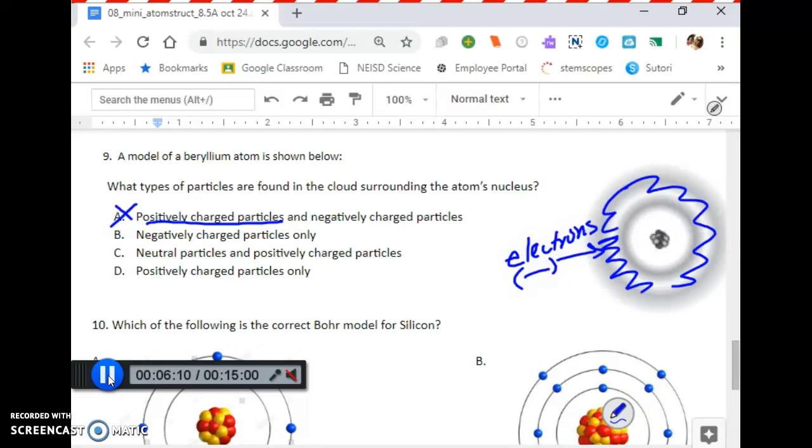B, negatively charged particles only. We already talked about electrons being the only thing in the cloud other than empty space. C, neutral particles. We know the neutral particles and positive particles are located in the nucleus, not in the cloud. And D, positively charged particles. There we go. It cannot be positive. Positive is only in the nucleus, so our best answer is B.